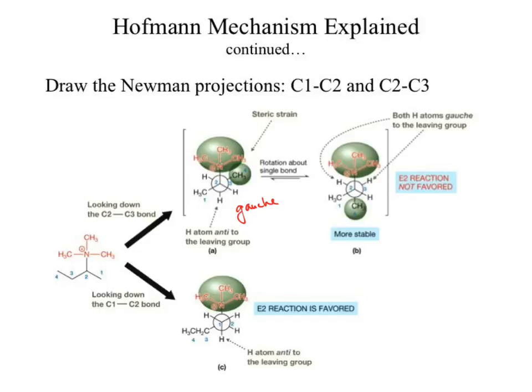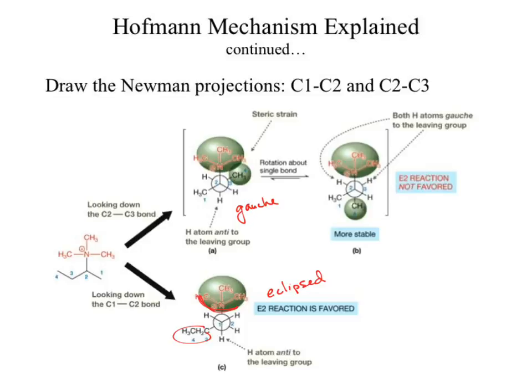If we look at the elimination reaction in the other alignment, what do we notice? Not even really anti. I mean, it's a lower energy eclipsed form. Which transition state is more likely to form?